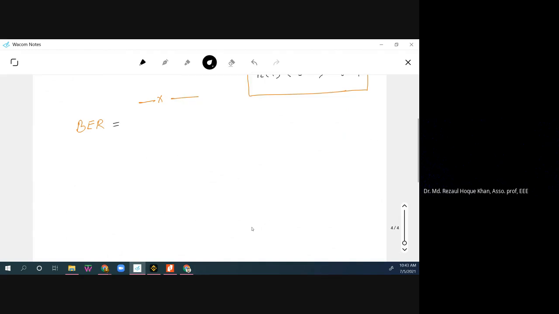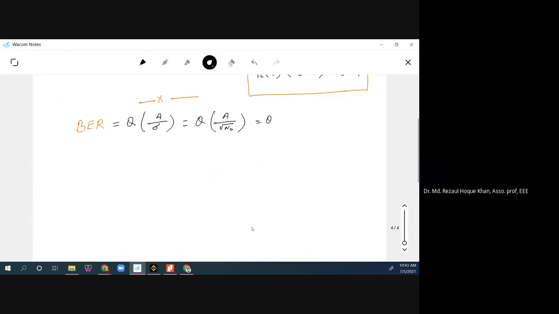The bit error rate will be nothing but the Q of A by sigma, which is Q of our amplitude A over sigma N0, right?